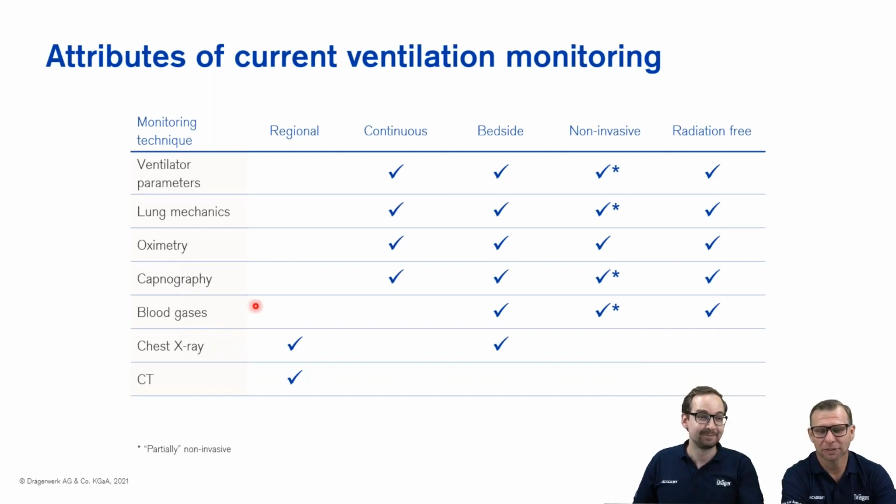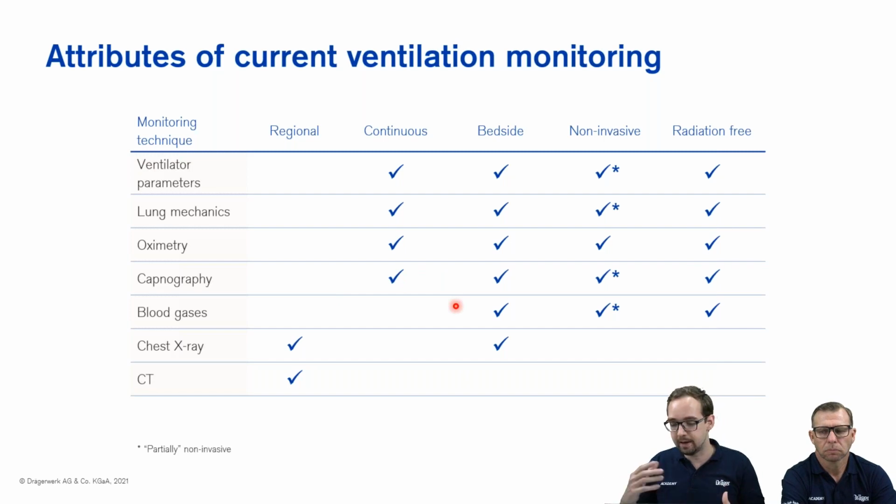Sure, that's indicated. So when we look at the different modalities to monitor lung recruitment or monitor our patients, we can look at ventilation parameters, oximetry, capnography, blood gases, and X-ray or CT scan. But as you can see, each of those methods has certain advantages and certain drawbacks.